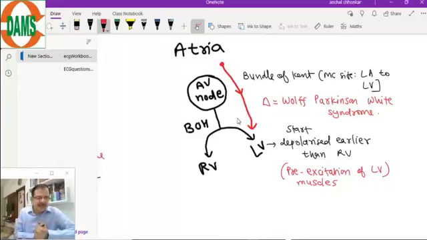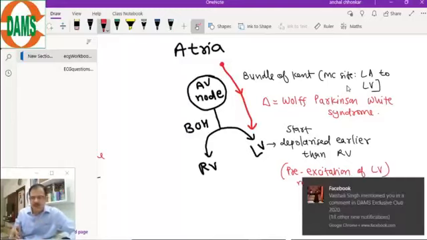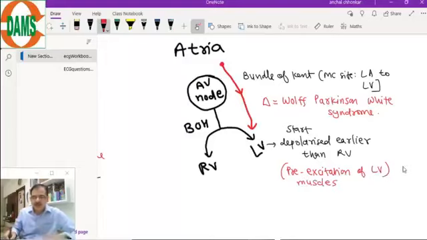They are present in some individuals. So there is presence of a bundle of Kent, which is responsible for the WPW syndrome. So here what happens is that the impulse from the atria goes to the ventricle directly. So there is a pre-excitation of left ventricle muscles.